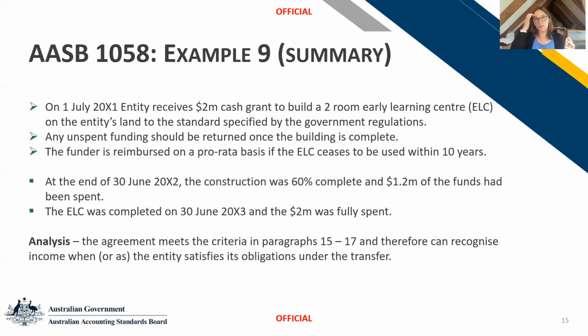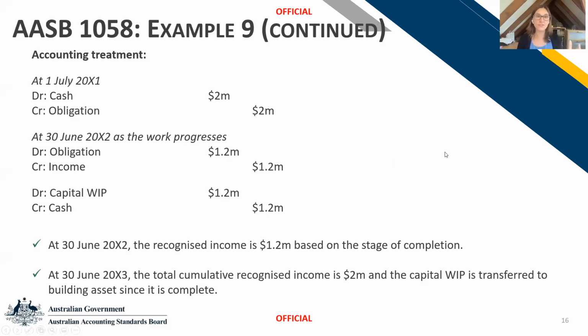So let's have a look at my journal entries and how I actually account for this. On the day I received the funding, what the exception allows me to do is to say, even though you're in 1058, we will allow you to effectively have the same treatment as if we were in AASB 15. We will recognise that you have an obligation in relation to that money.